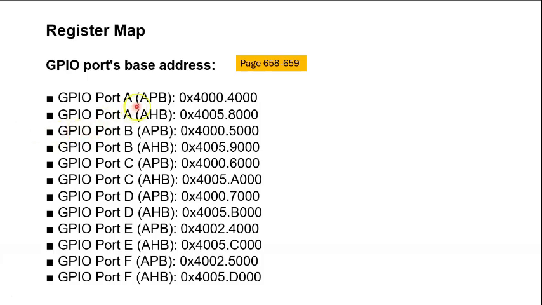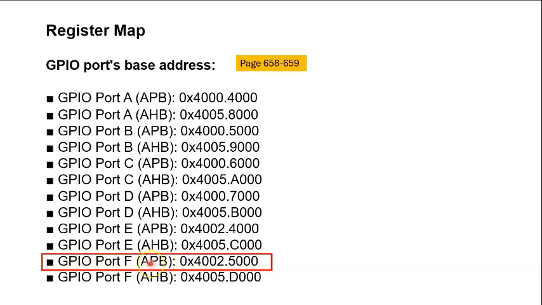Here is a list of ports' base addresses taken from pages 658 to 659 of the datasheet, and I just like to highlight this GPIO port F APB.